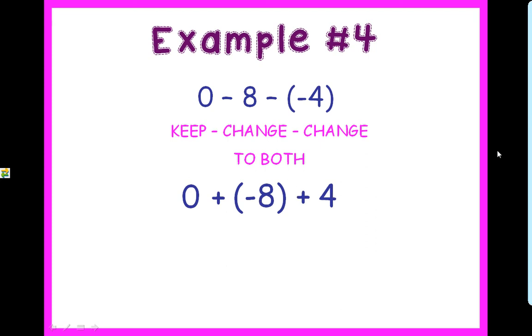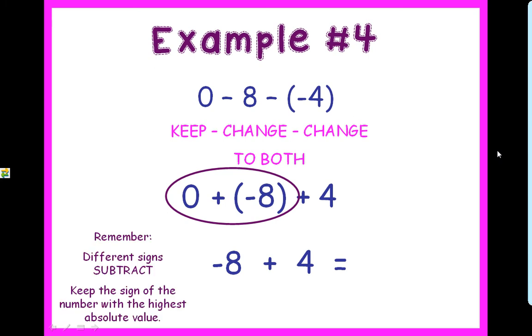So now we're going to do order of operations and do our 0 plus negative 8 first. Here, don't get confused once again. Anything that you add to 0 is going to remain the same. So that's going to be a negative 8. We're going to bring down that plus 4 because we have not used it. And then we're going to use our rule that opposite signs, you're going to actually subtract.